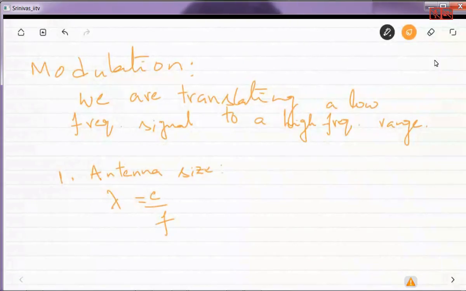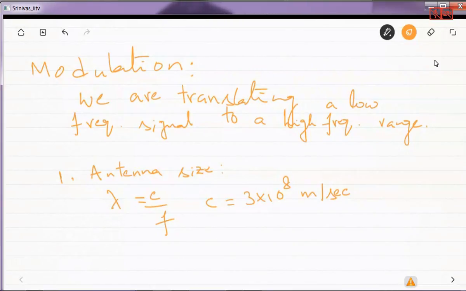What is the value of C? 3 into 10 power 8 meters per second, right? And F is the frequency at which we want to operate the antenna, and lambda is its wavelength. So let us compute lambda for the information signals.